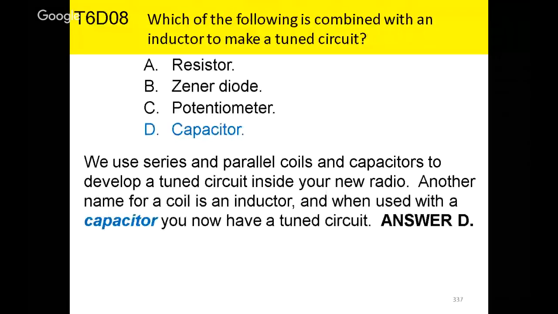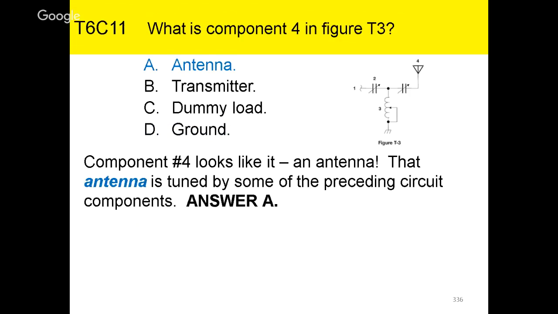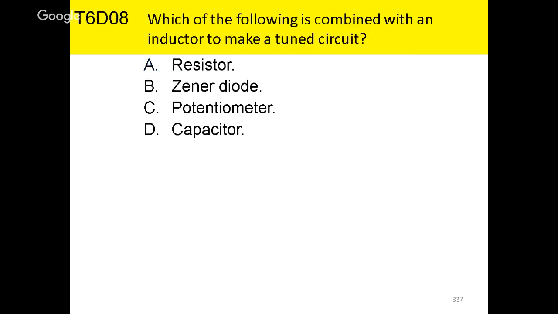Another name for a coil is an inductor, and when used with a capacitor, you now have a tuned circuit. And again, backing up here to this diagram, that is what's happening here. An inductor and capacitor make a tuned circuit.